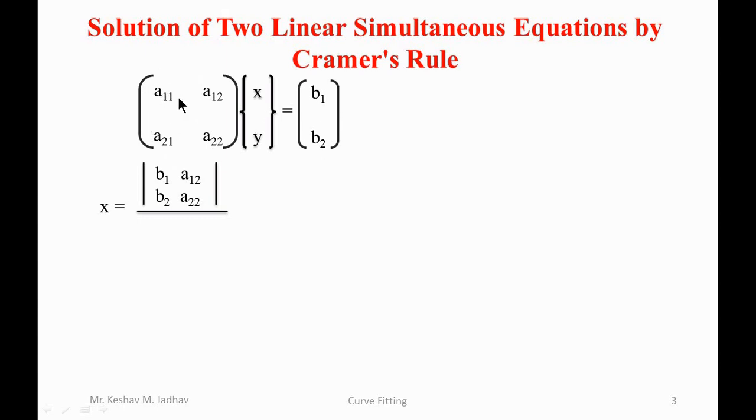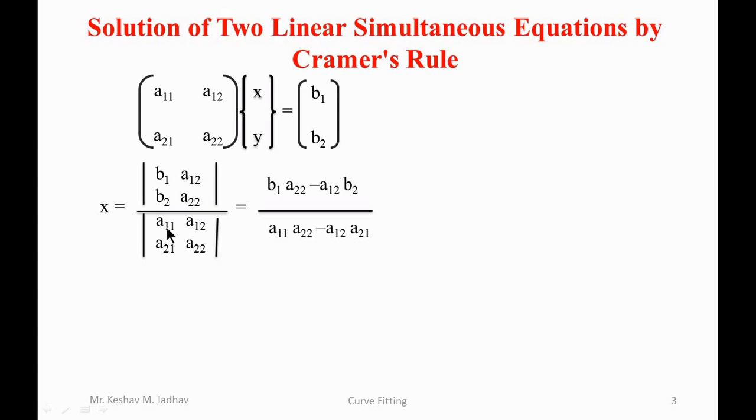That means we replace a11 and a21 by b1 and b2 respectively, and at the denominator we take the determinant of the coefficient matrix. To calculate a determinant, we take the cross product. So the determinant of the numerator matrix is b1 into a22 minus a12 into b2, and the determinant of the denominator matrix is a11 into a22 minus a12 into a21. By putting in the values of these constants, we will get the value of x.